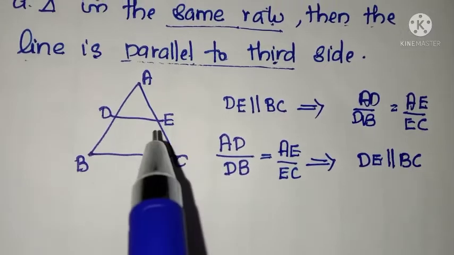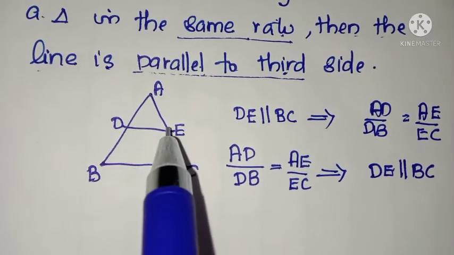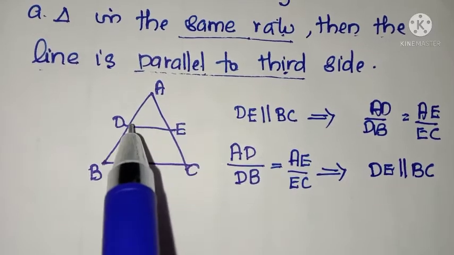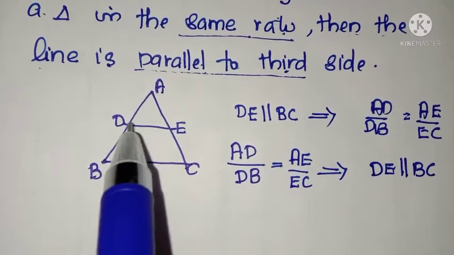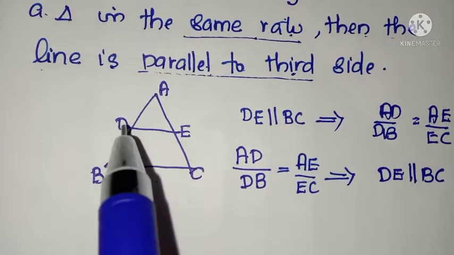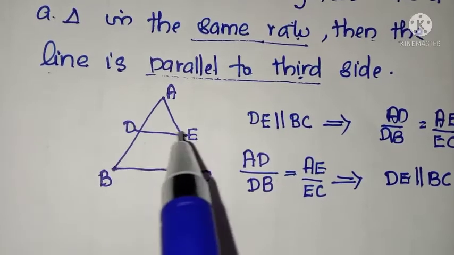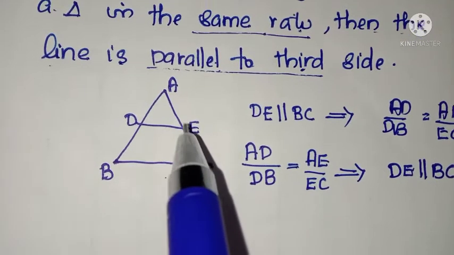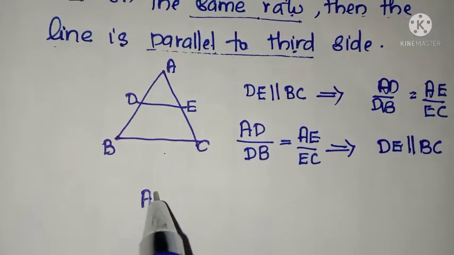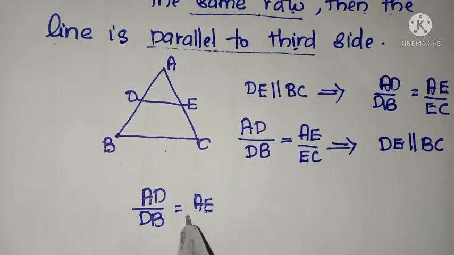Okay. Now listen to the proof of this theorem. Let us consider this line DE. Now we are not saying DE is parallel to BC. We are going to prove DE is parallel to BC. So let us take a line. This is any line DE with the condition that AD by DB is equal to AE by EC.